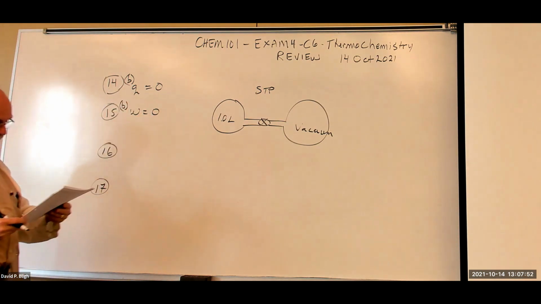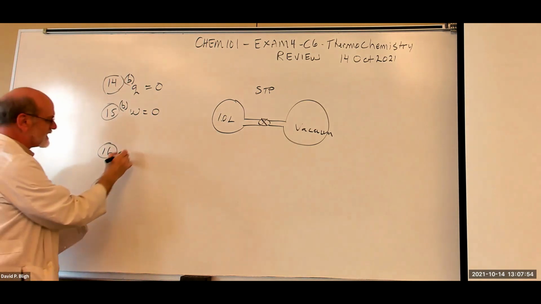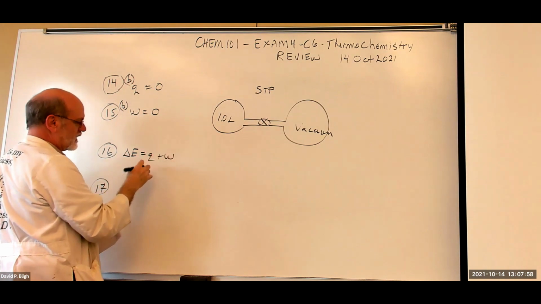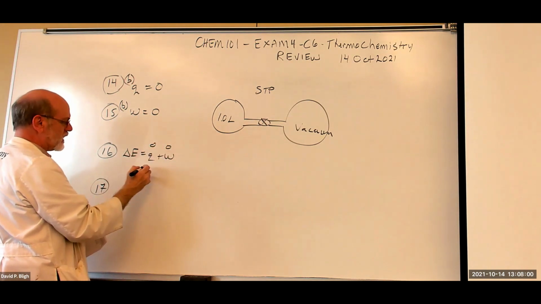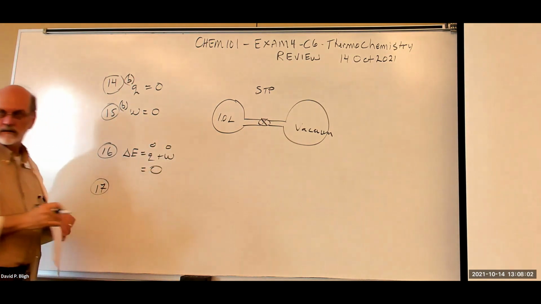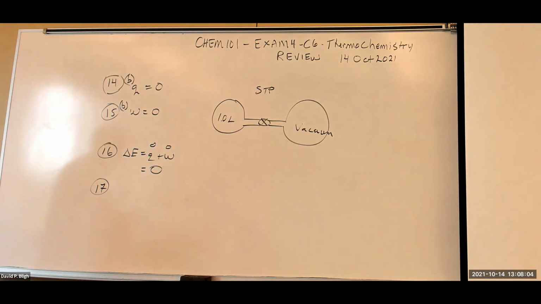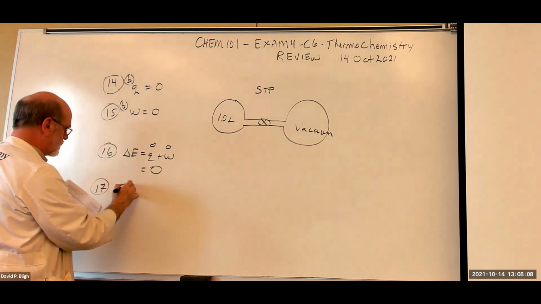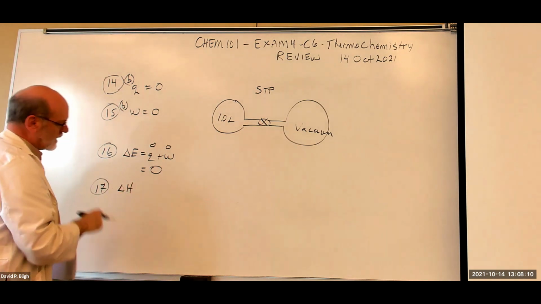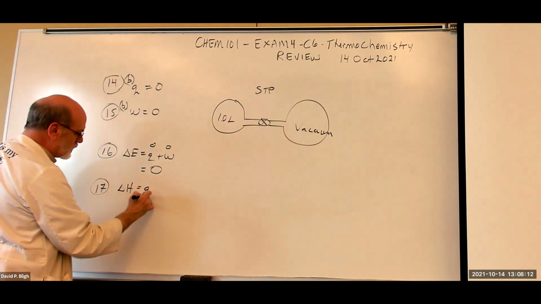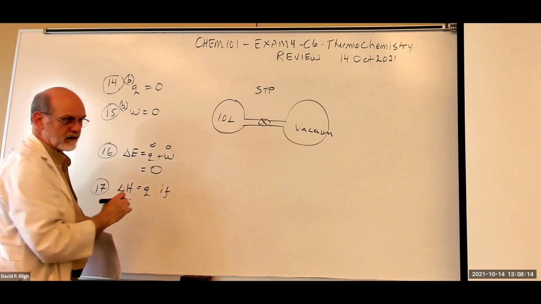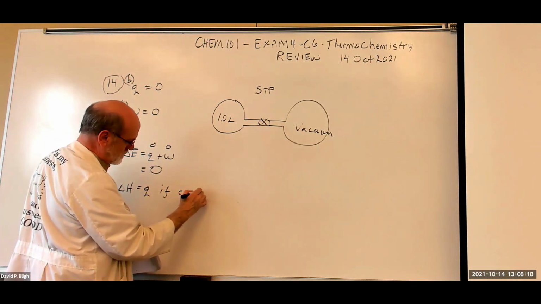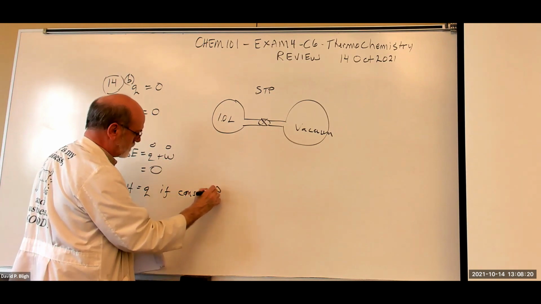How about 16? True about delta E. Well, delta E is Q plus W. If both of them are 0, then delta E has to be equal to 0. How about 17? True about delta H. Well, delta H is equal to Q if what? Constant pressure.